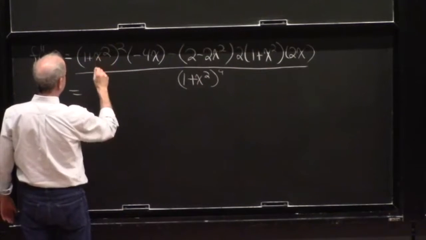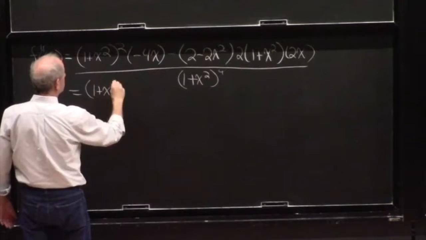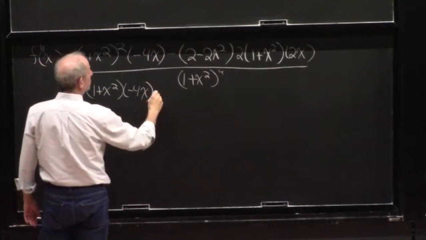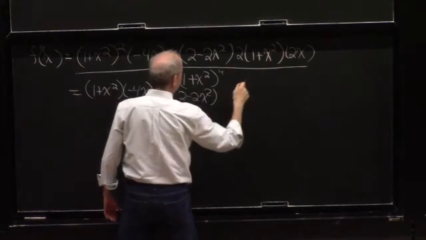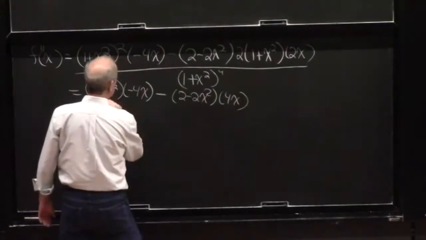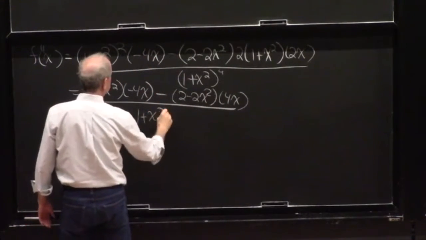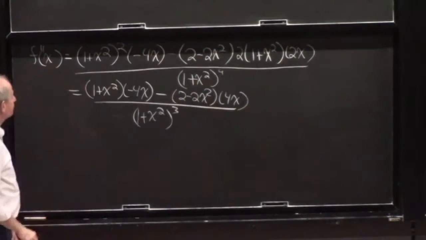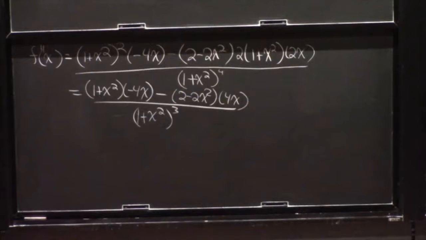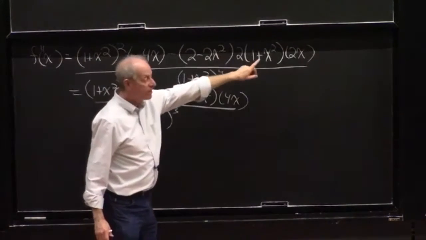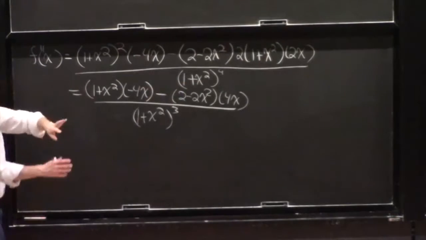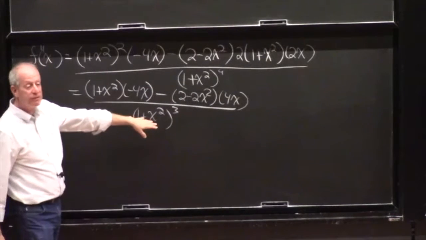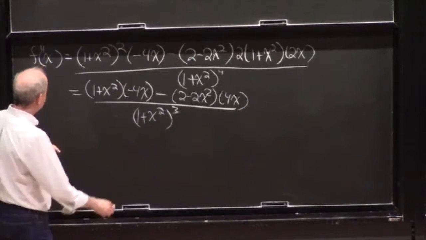Then I'd be left with (1 plus x squared) times minus 4x, minus (2 minus 2x squared) times 4x, over (1 plus x squared) cubed. So I took 1 plus x squared out of here, and out of here, and I canceled them with a 1 plus x squared in the denominator. That's why I only have cubed left. Got that? All right, so now let's simplify that.